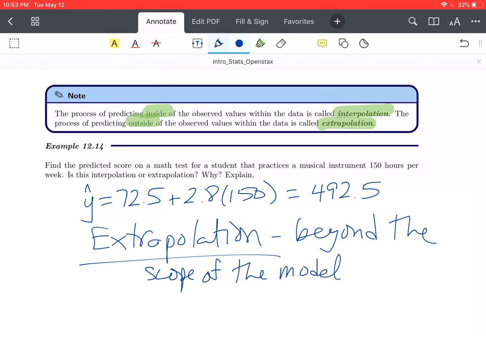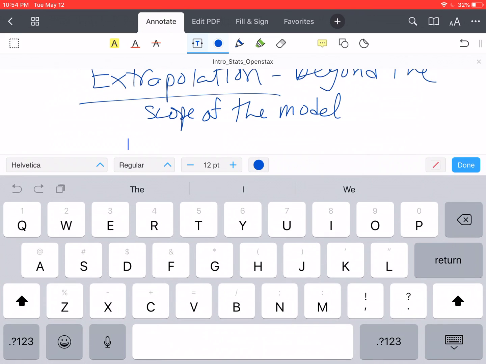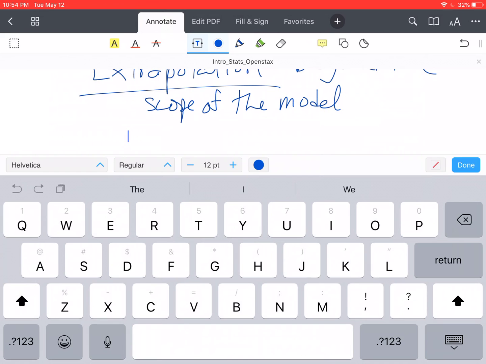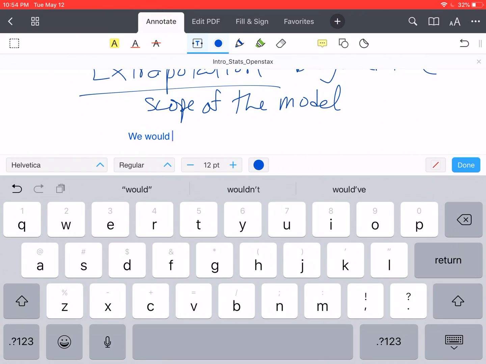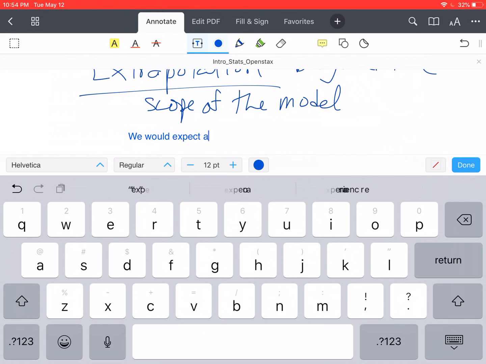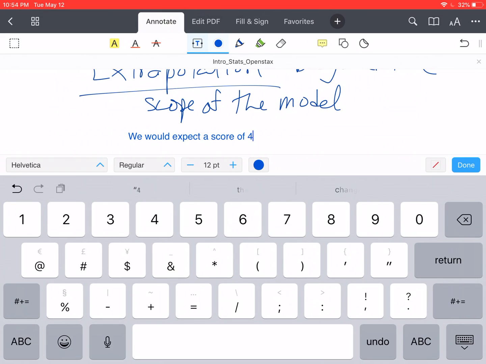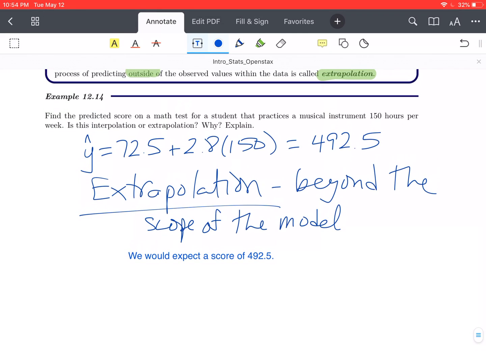And the interpretation of what this is telling us is that we would expect a score of 492.5, and that's problematic, right? A couple of things are really impractical about this.